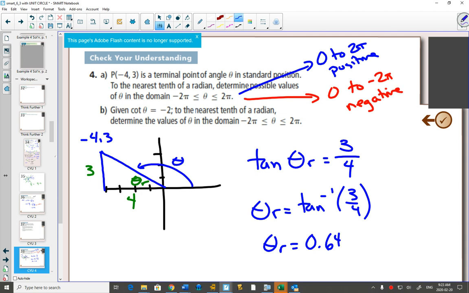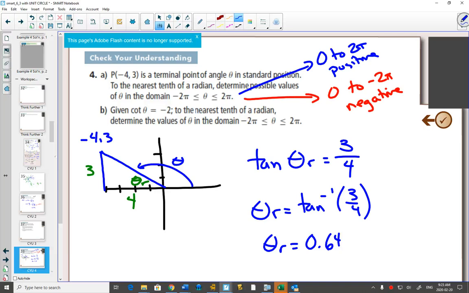Because we always measure angles in standard position, and standard position starts from the positive x-axis, which is starting at 0, whenever I'm given a domain that has negative and positive, in my head I split it up. Think about the positive ones, that would be 0 to 2π. Think about the negative ones, that would be 0 to -2π.